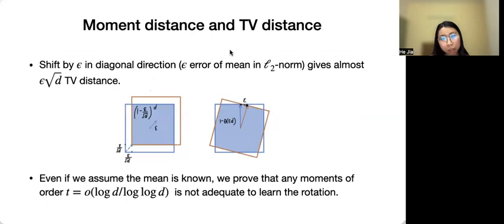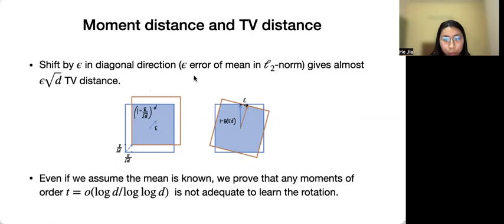Now let's see the moments distance and TV distance in some very simple examples. We'll see from these two examples why the method of moments is not enough. The first example: the blue one is just the standard hypercube, and we shift it by epsilon in the diagonal direction.